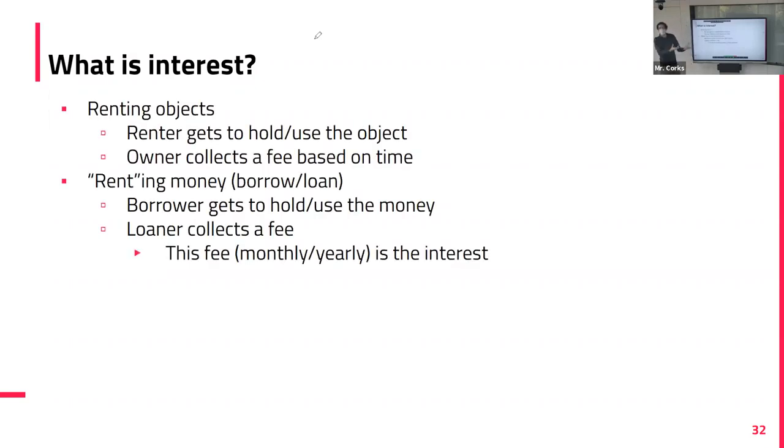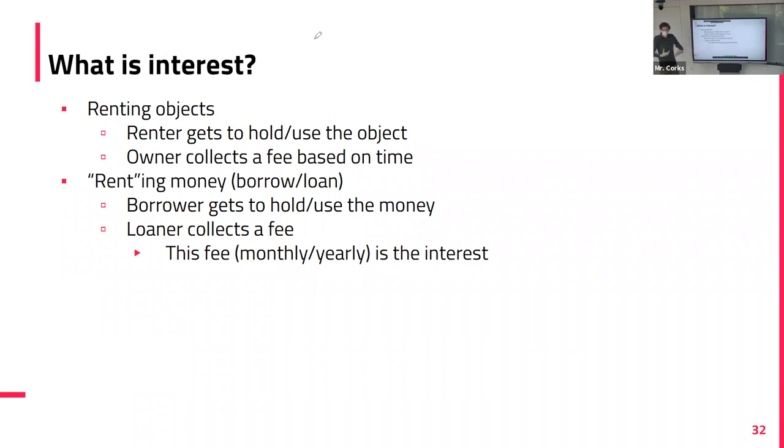If you rent a house, you rent an apartment, you rent a car, that means you get to hold or use that thing. You get to live in the house, you get to drive the car. But for the privilege of borrowing and using that thing, you pay money. Interest is renting money. So that's the easiest way to think about it.